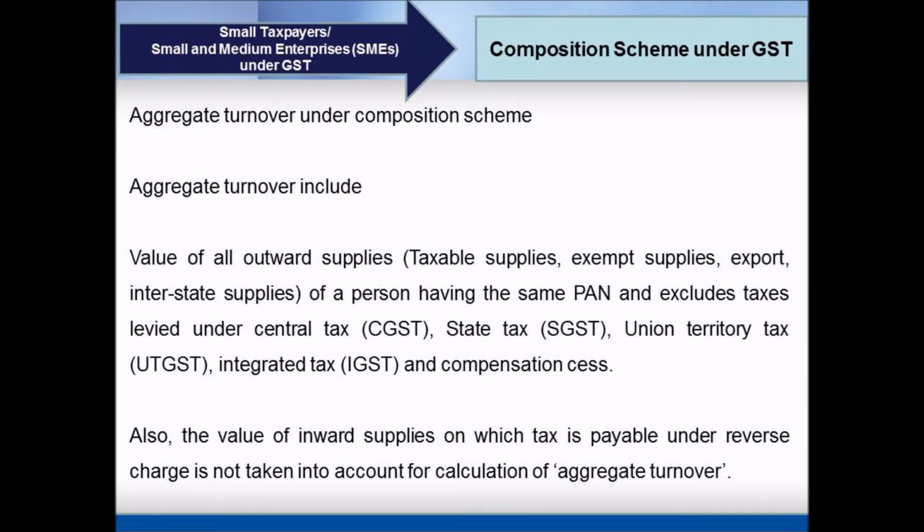Aggregate turnover under the composition scheme. Aggregate turnover includes the value of all outward supplies, taxable supplies, exempt supplies, exports, interstate supplies, of a person having the same PAN and excludes taxes levied under central tax, CGST, state tax, SGST, union territory tax, UTGST, integrated tax, IGST, and compensation cess.